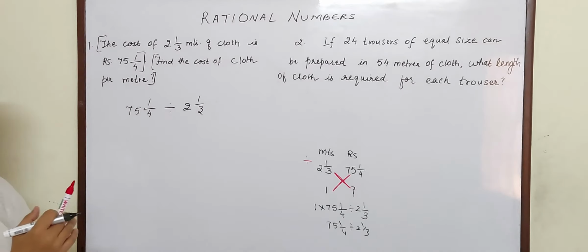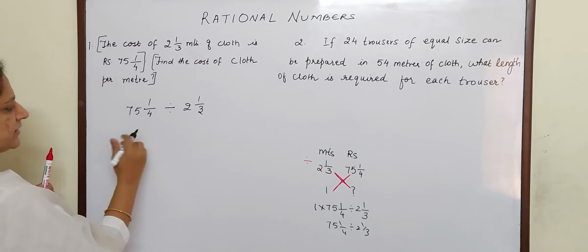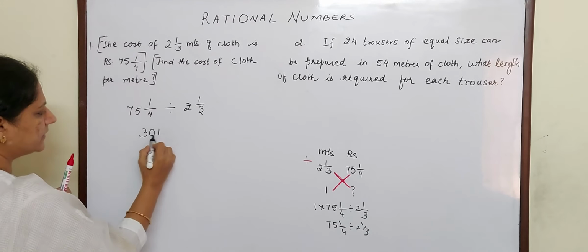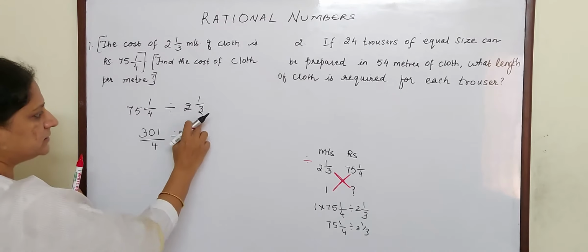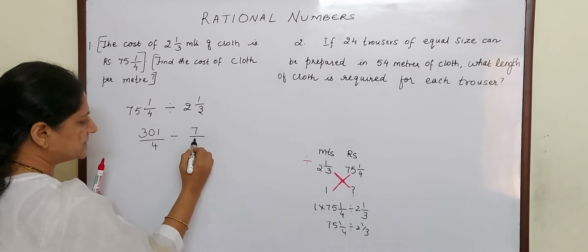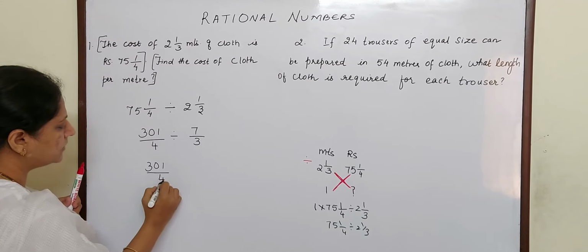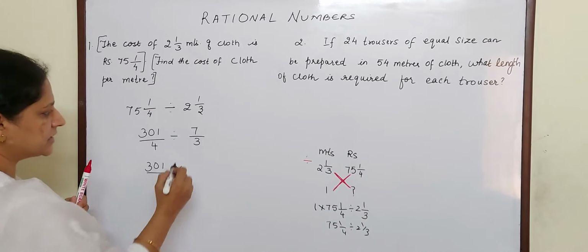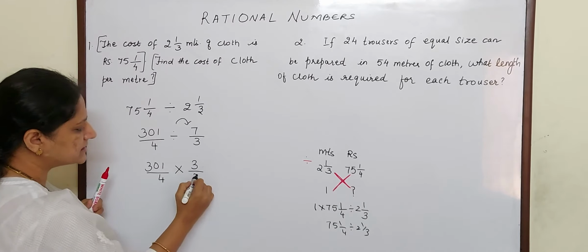So this is mixed fraction. First we have to convert it into improper fraction. 75 into 4 is 300. 300 plus 1, 301, divided by 4, divided by 3 2s are 6, 6 plus 1, 7/3. 301 divided by 4, multiplied by, when you replace division with multiplication, the second fraction will be a reciprocal, 3/7.